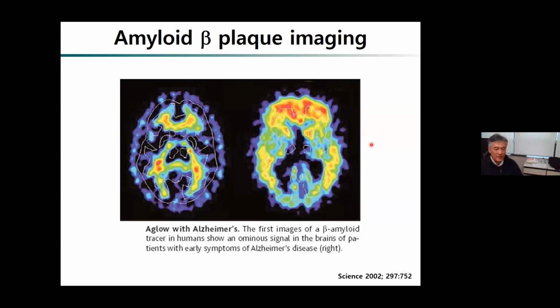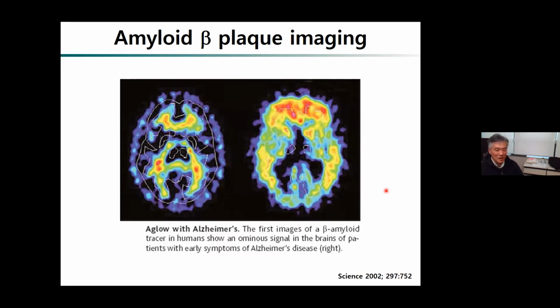After this image was disclosed at an amyloid symposium in Uppsala, Sweden, one week later Science reported these kinds of dramatic in vivo images using an amyloid plaque imaging agent.